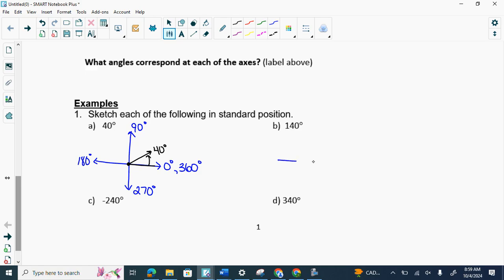This is 140. 0, 90, 180, 270, 360. It's 40 less than 180, a little less than half. 140 degrees.